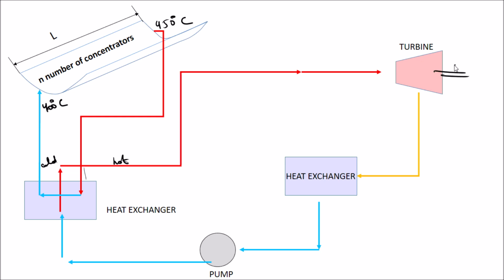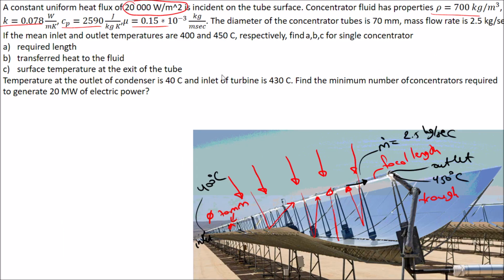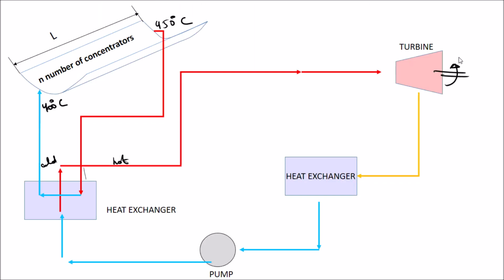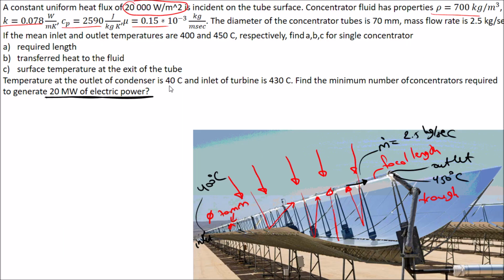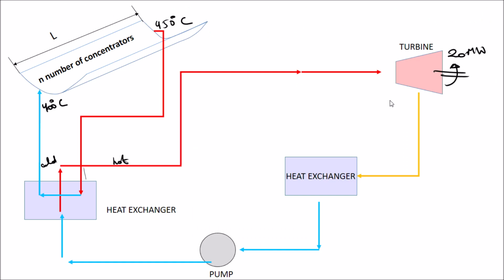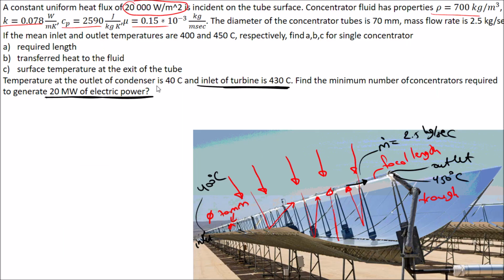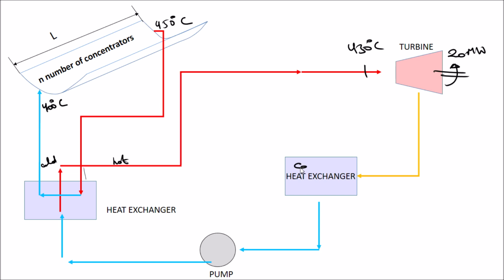It rotates the turbine to get electricity, and the question says that 20 megawatts of electricity is generated. The turbine inlet temperature is 430 degrees Celsius, and the outlet of the condenser is 40 degrees Celsius. This one is the condenser.